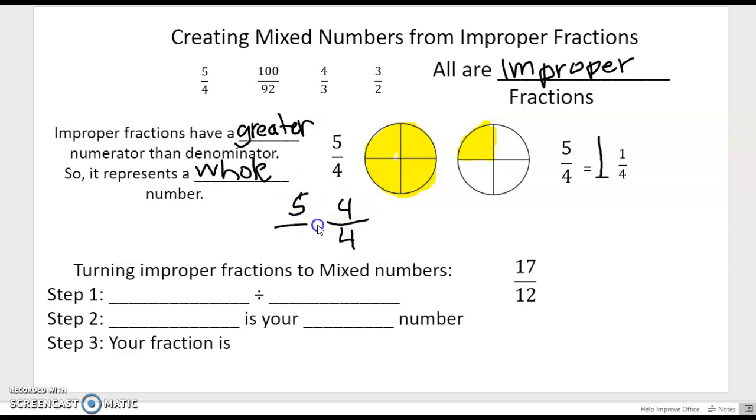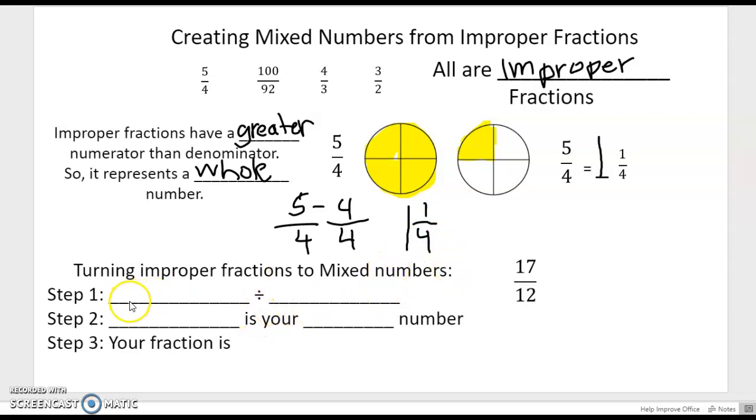So if I take my original fraction and I tell myself, well, it would take 4/4 to create a whole. If I took away that whole, told myself, well, I need to represent that whole that I took away as 1. What would I have left over? Well, 5 minus 4, I would have that 1/4 left over.